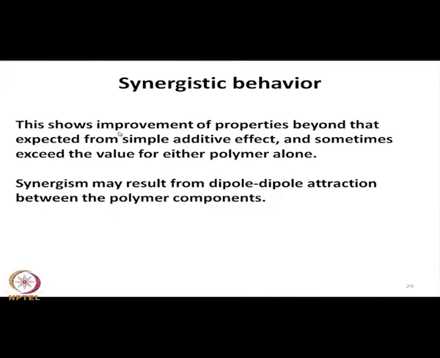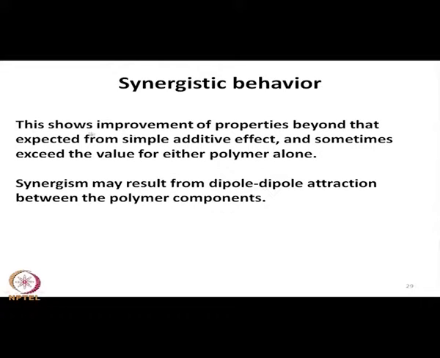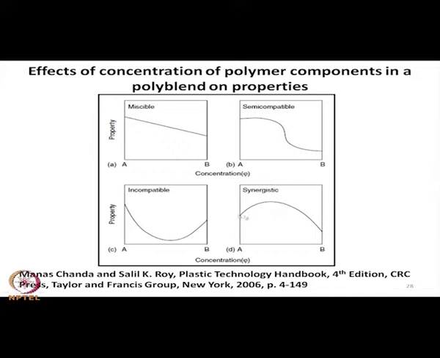Now, in the case of synergistic behavior, there is an improvement of properties beyond that expected from a simple additive effect. If you combine the properties of the individual polymers, that is the additive effect.